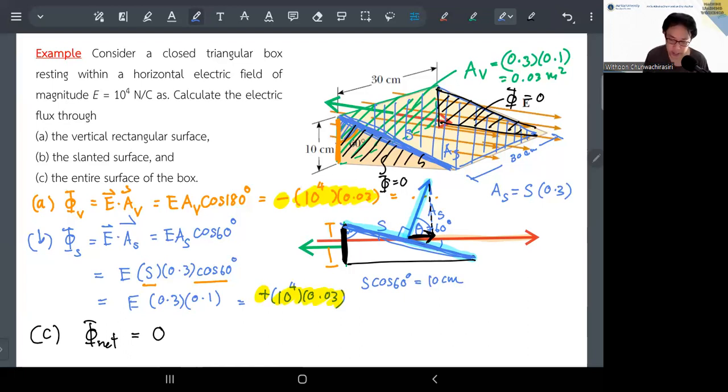The way you can do this is, imagine this, guys. If I have a flashlight and I shine the light in the direction of the electric field, it means I'm going to shine the light horizontally. The blue area will cast a shadow as the black area if I put a screen behind this. You guys with me here? So the blue slanted surface will give you the shadow by shining the light in the direction of the electric field.